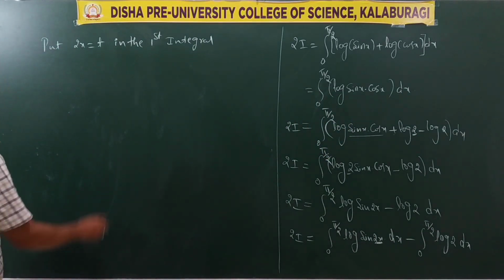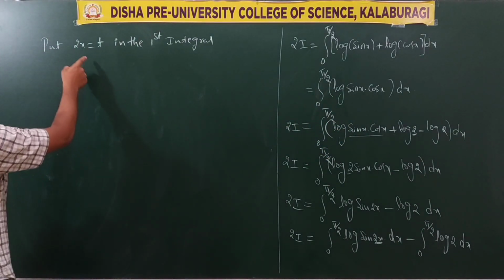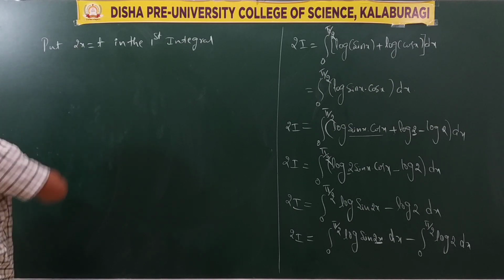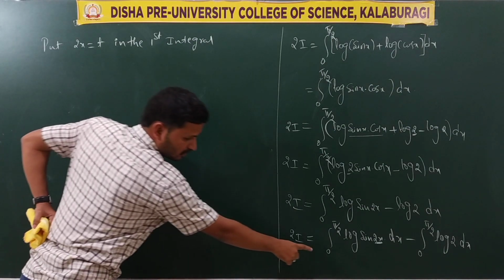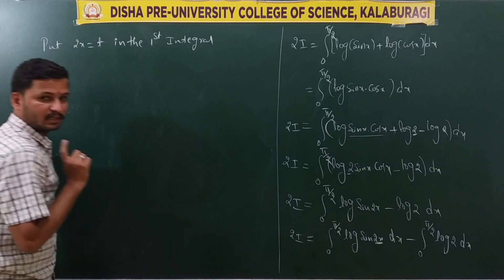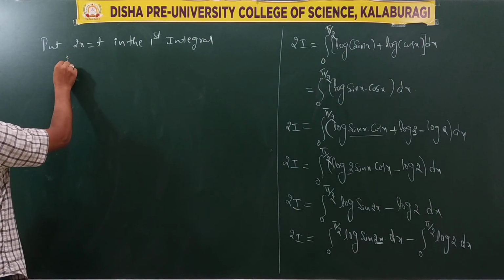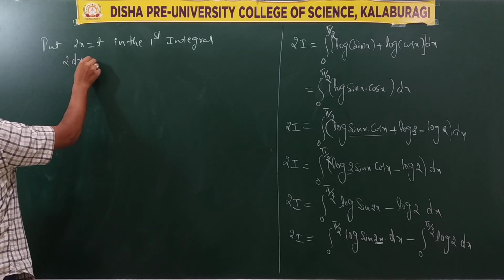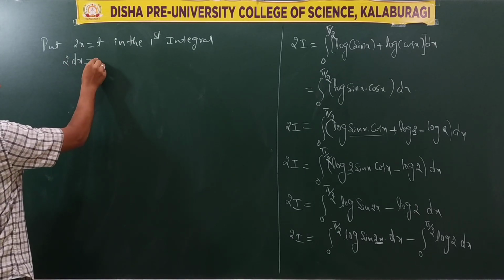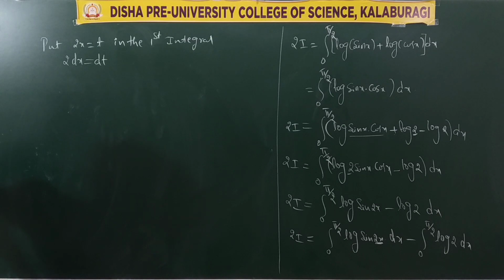Okay, yes. So when we substitute, the lower limit and upper limit change simultaneously. Differentiating 2x with respect to t, that is 2 dx by dt which is equals to 1. So 2 dx is equals to dt.